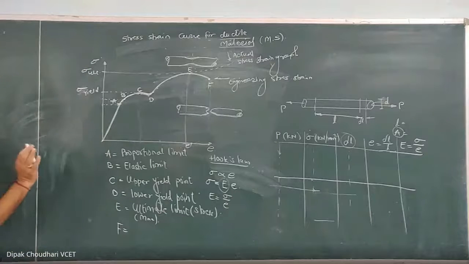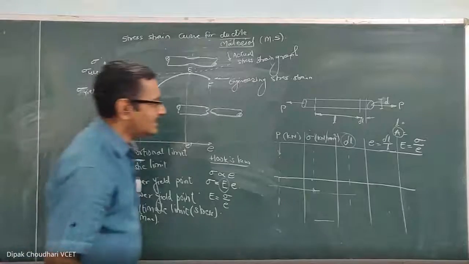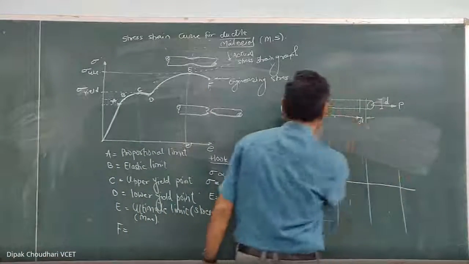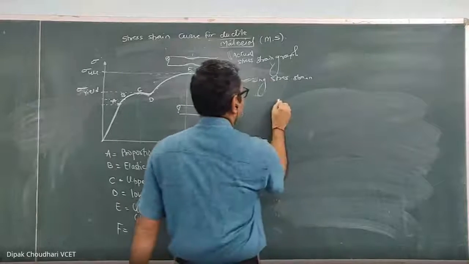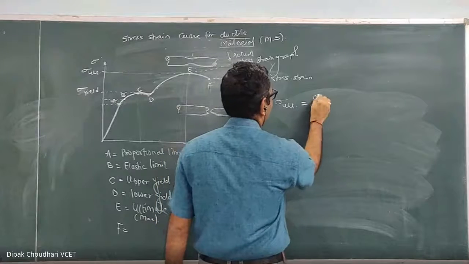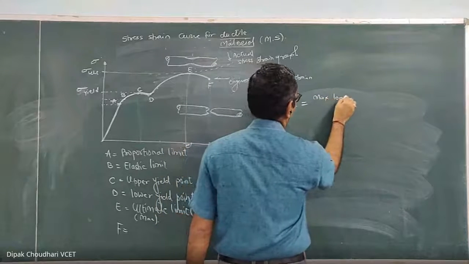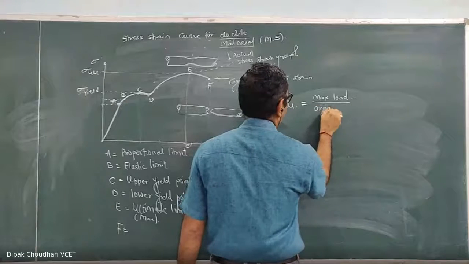Here, if I explain in terms of formulas, this ultimate stress is equal to the maximum load during the experimentation upon the original cross-sectional area.